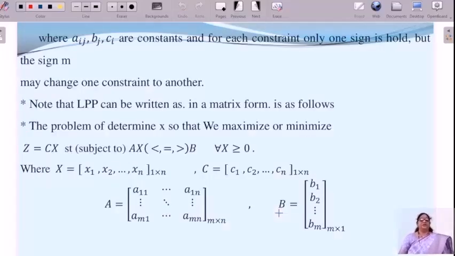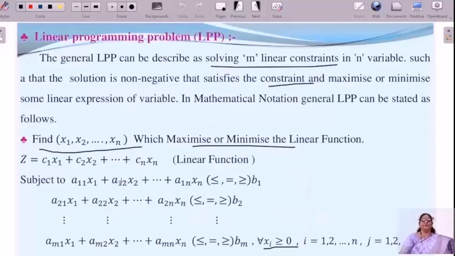In this notation, aij, bi, cj are constants, and for each constraint only one sign holds. Only one sign holds means what? You are given three signs: less than or equal to, greater than or equal to, and equal to, but not all three signs are always there.